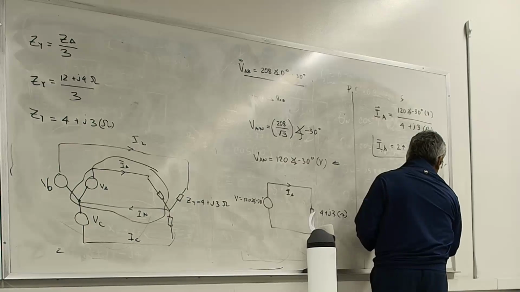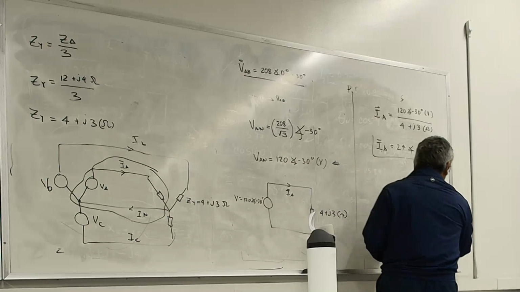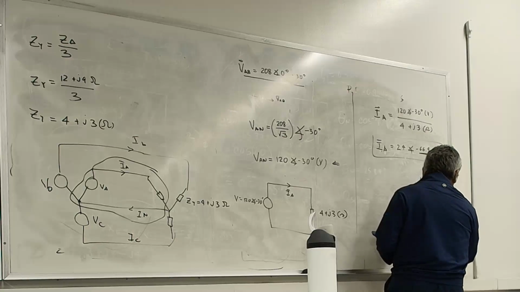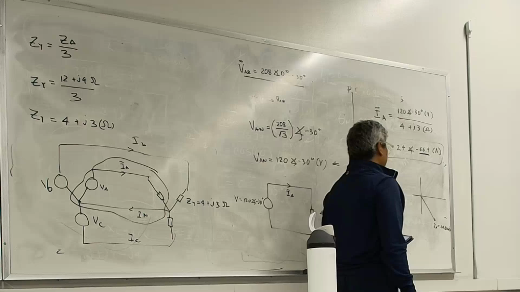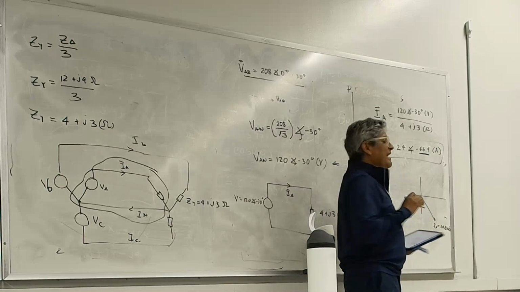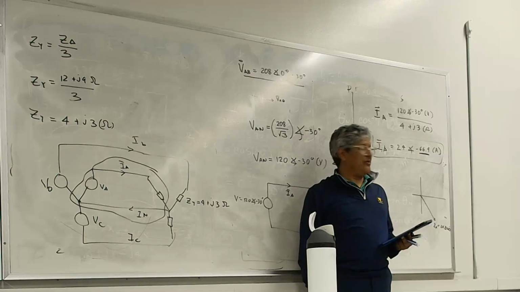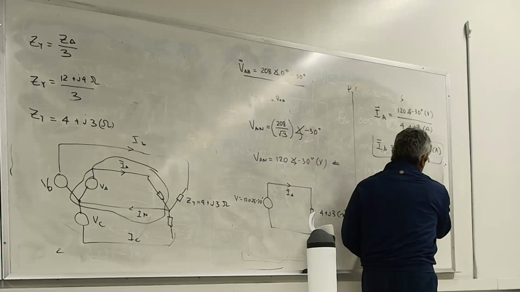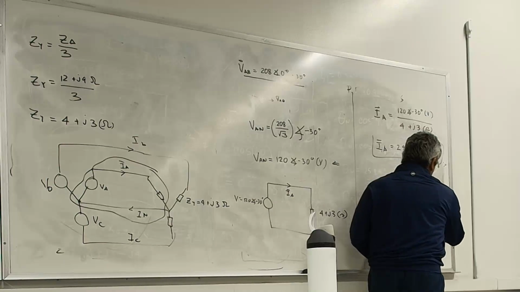I know that current IA, and I know its magnitude is about 24. Oh, I know the angle, approximately minus 66, right? The current as a split is going to be smaller. And what is the angle in between them, everybody? IA is going to be 24 divided by square root of 3.